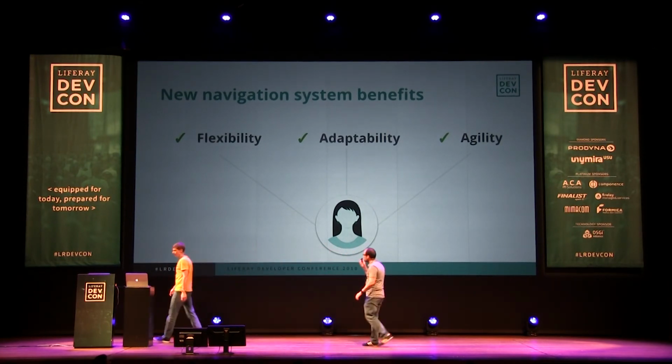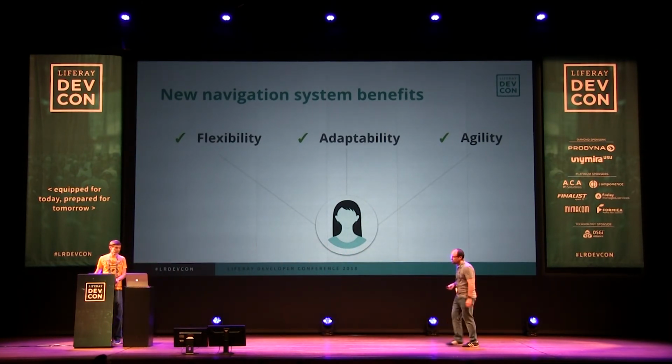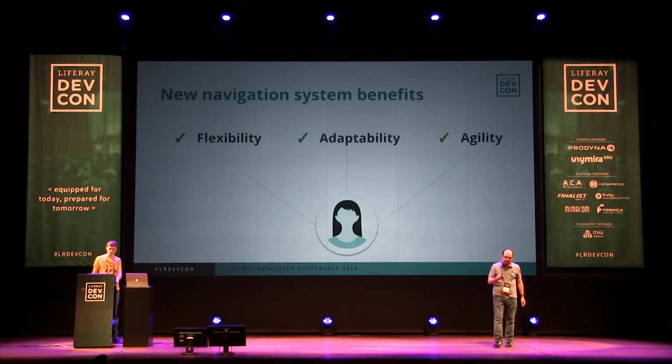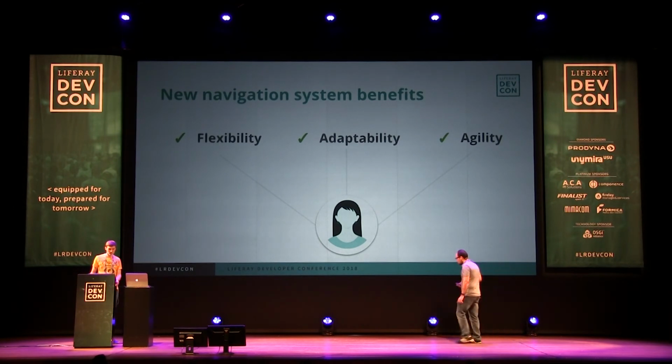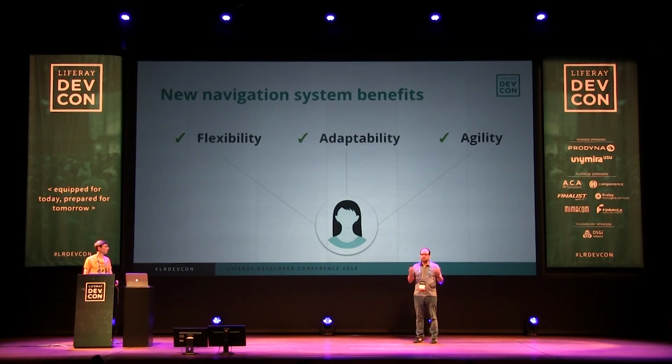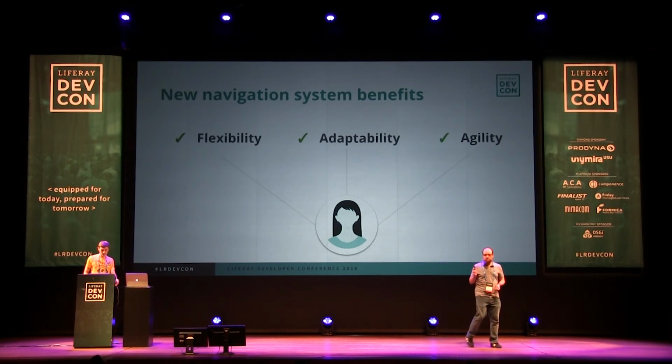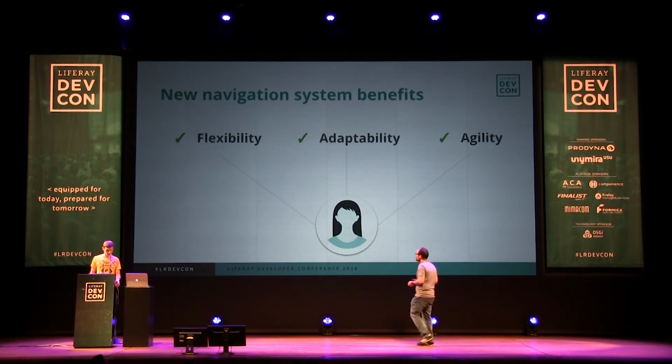So let's talk a little bit about the benefits of the new navigation menus. Basically, flexibility. As we already saw, it's easy to create a lot of navigation menus. That's the first thing. Also, the navigation menus don't only contain pages. They can contain URLs or submenus.